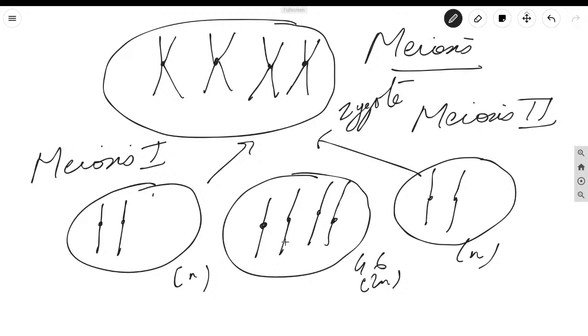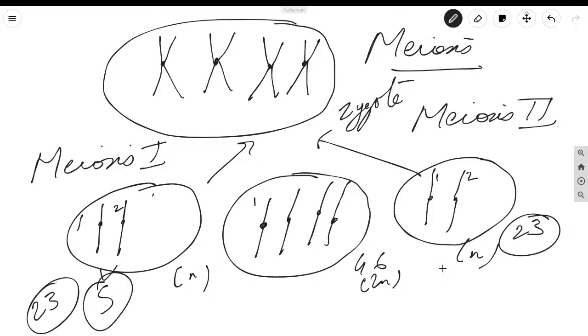Now when we begin the discussion, suppose this is chromosome number 1, 2, like this till chromosome number 23 here. This is also chromosome number 1, 2, till chromosome number 23 here. So when we have 46 chromosomes, this is chromosome number 1 from this cell, the sperm, and this is the ovum.